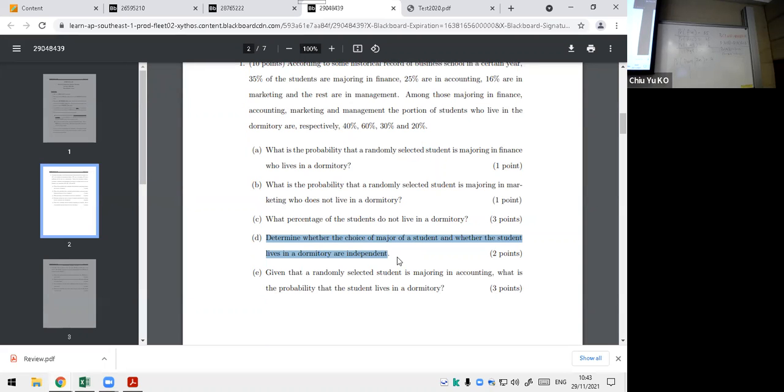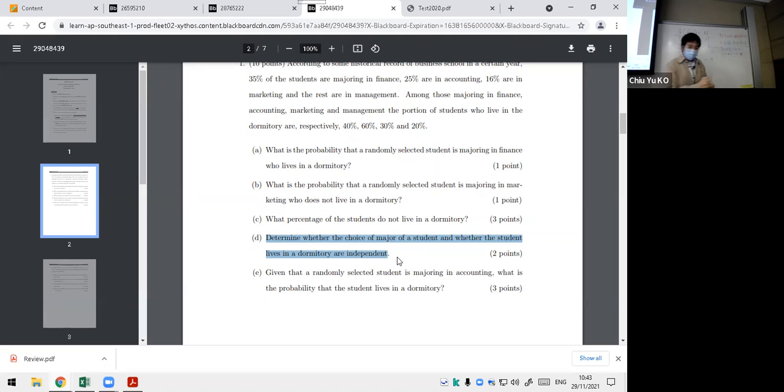Of course, if you are smart enough, actually this question is free for you. Why? If you check this, it already tells you it's not independent, they're done. Actually, they're using this one, this is B, sorry.